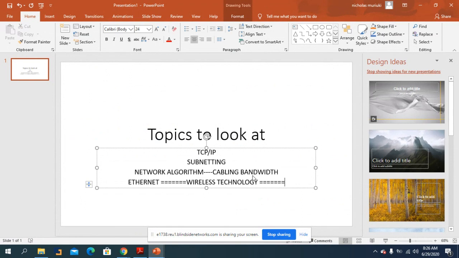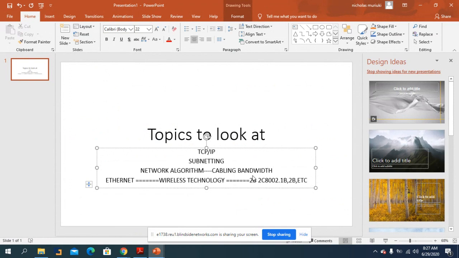We look at 2B Ethernet, 2C Ethernet, and many others, that is 802.1B, 802.2B, etc. So that is why we have a remit, of which we will cover that. That is another thing that we need to cover.